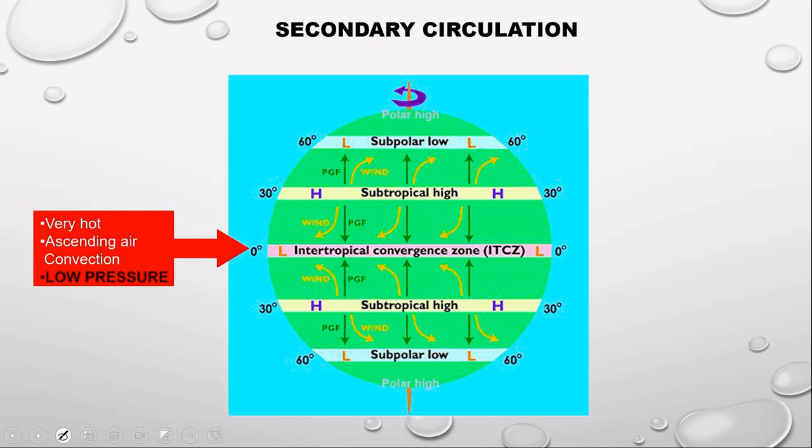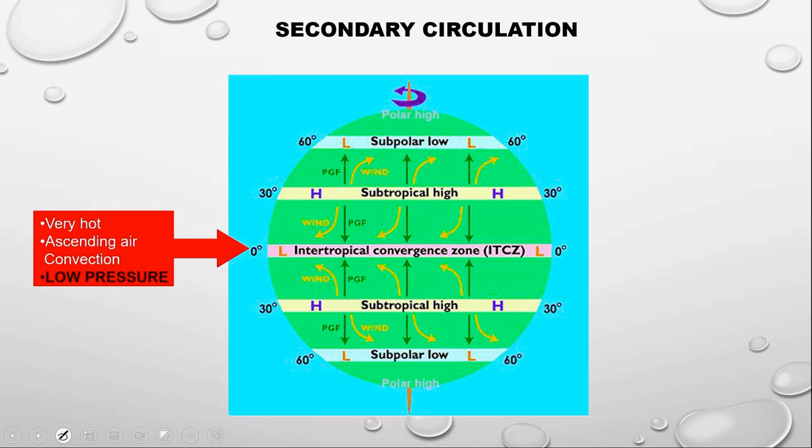Along the equator, you can see already it's a low pressure belt. Now, once you get a low pressure belt, you must associate that with high temperatures because it's a negative relationship. The higher the temperature, the lower the pressure, okay? So you can see from the right, along that pressure belt, it will be very, very hot.